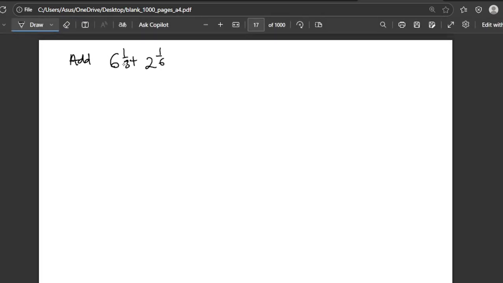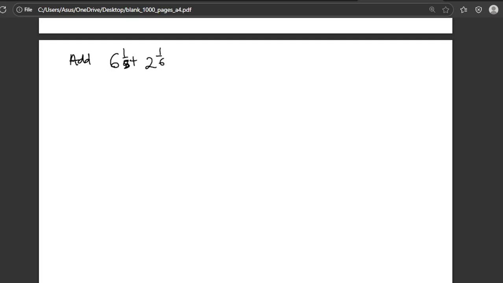Add the two. So anytime you have mixed numbers, what do you do? You convert them to proper fractions. I think I forgot to mention that before. You can actually convert a mixed number back to a proper fraction. How do you do that?